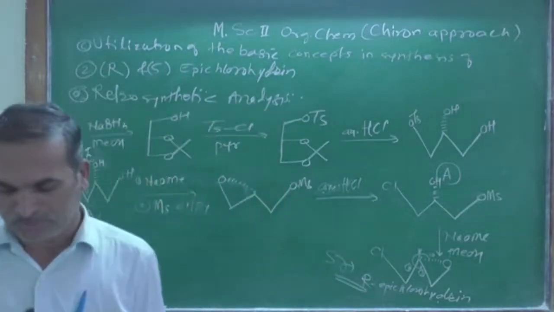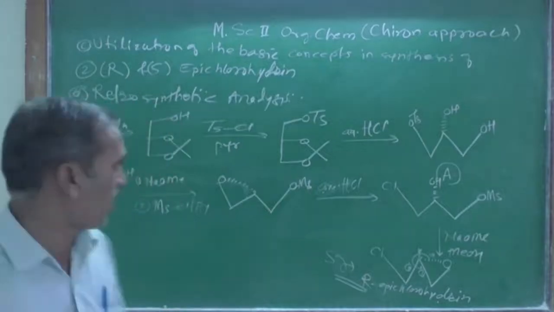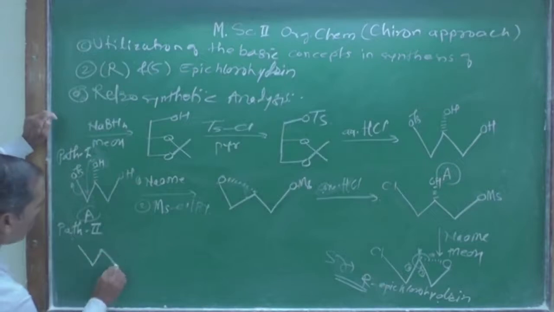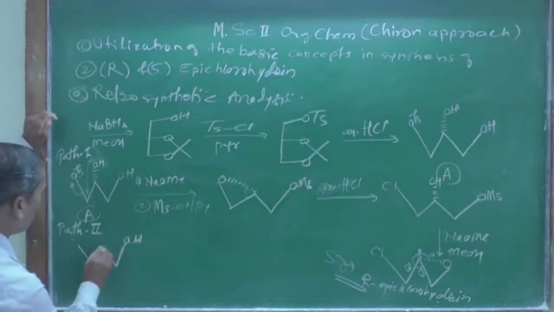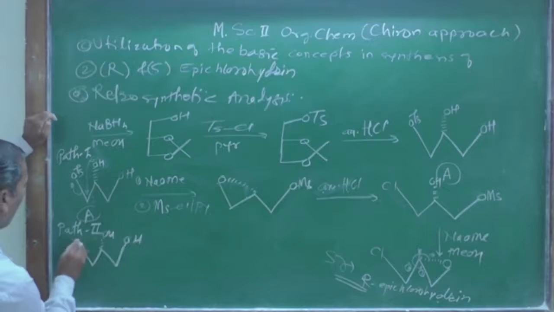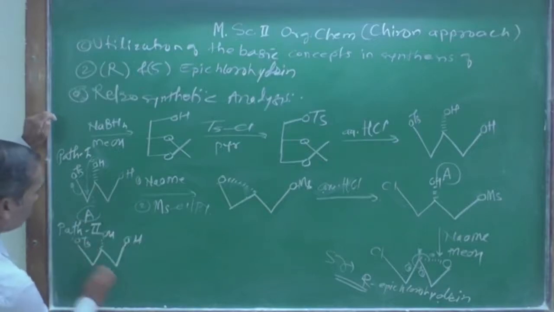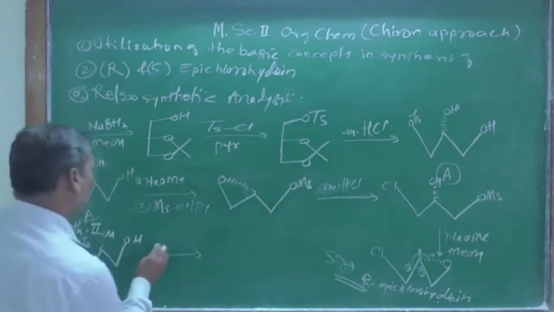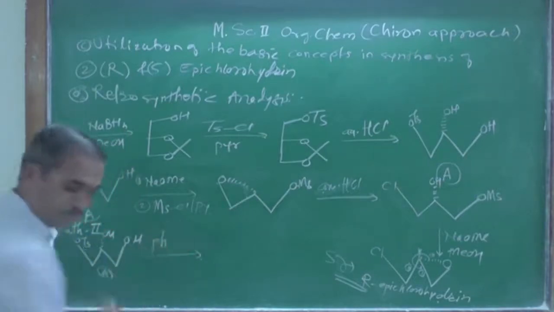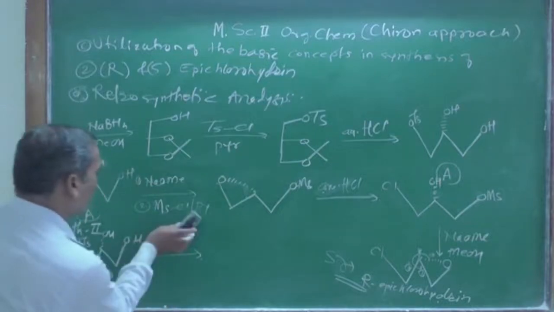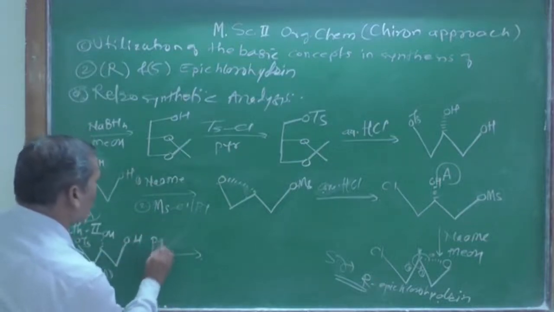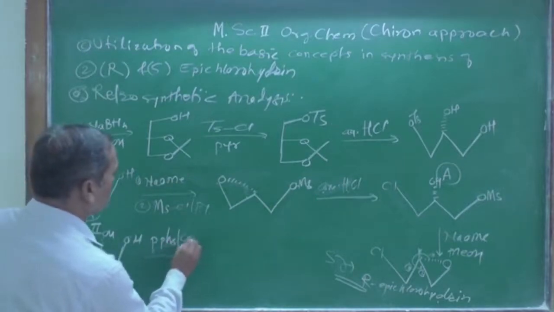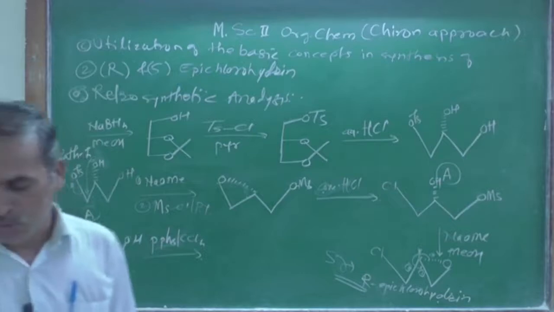Now we are going to prepare the S-epichlorohydrin. Again take down that one, the same compound as it is, OH, then this hydrogen atom, OH and OTs. This is right? Now here you treat this compound with PPh3, triphenylphosphine, in presence of CCl4, carbon tetrachloride.